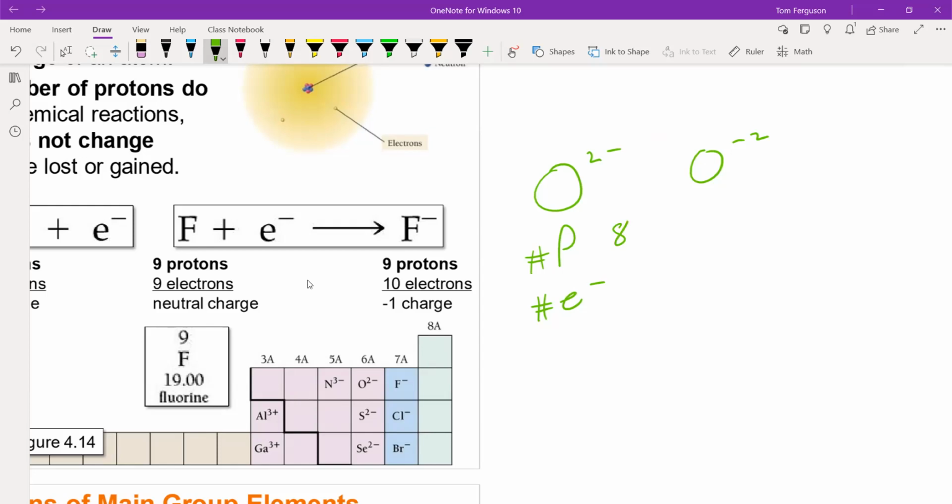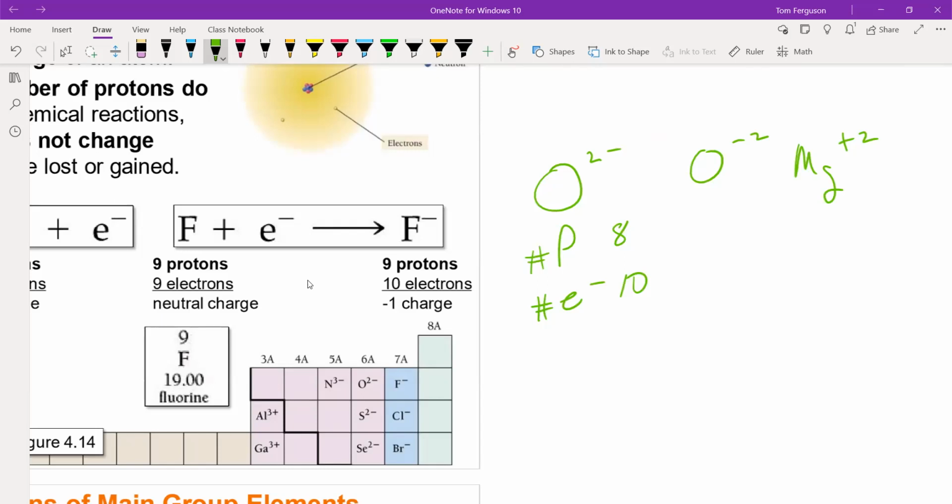How many electrons? Yeah, 10, because we have 2 extra electrons. We started with 8, add 2 to it, it's 10 electrons. Magnesium.